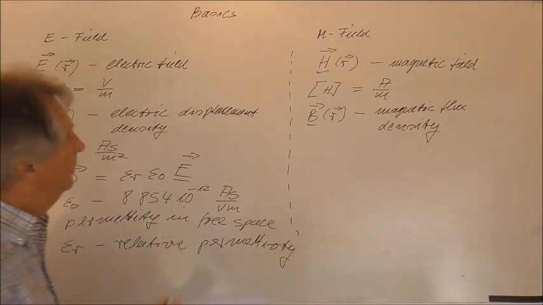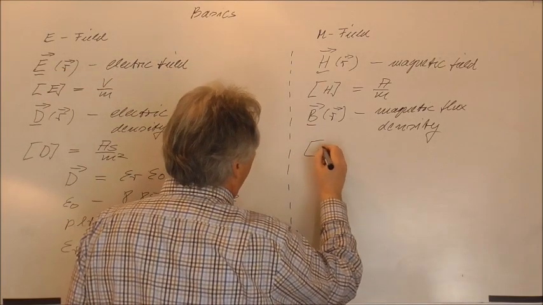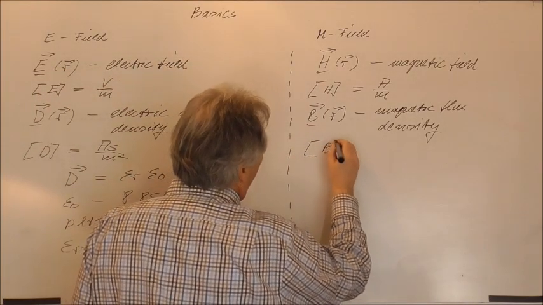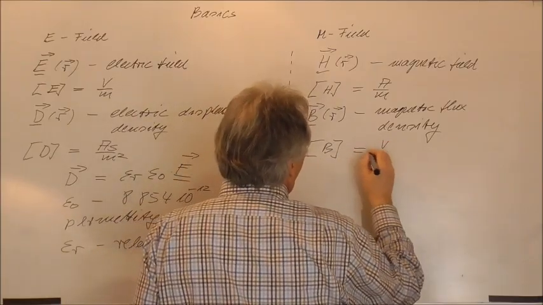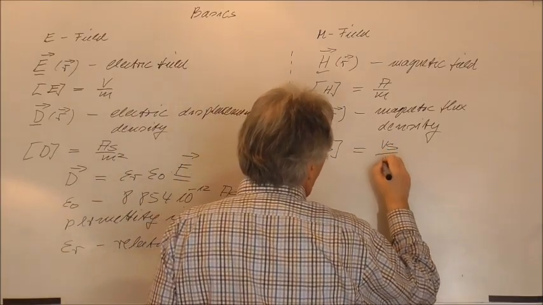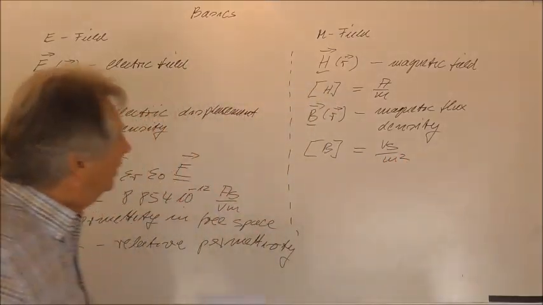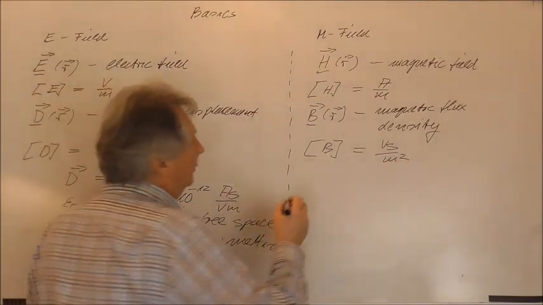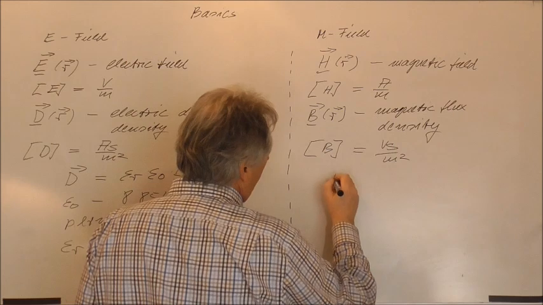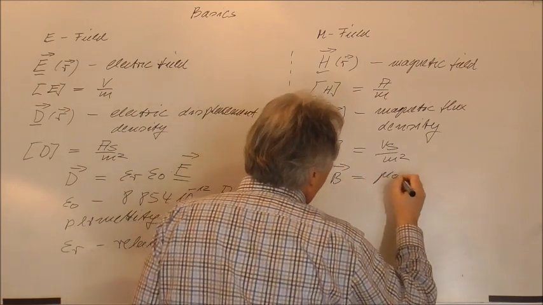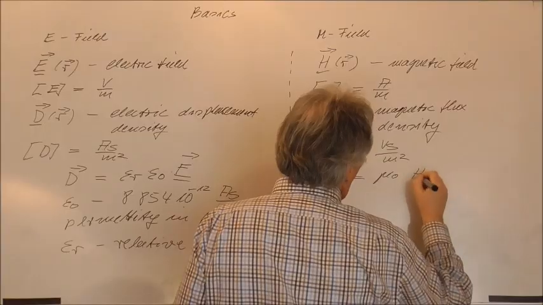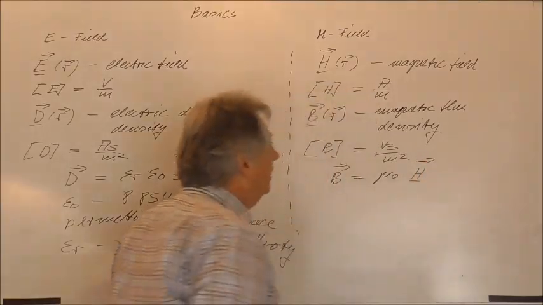The B field is measured in volt seconds per meter square, and the relation of the B field and the H field is given by B equals mu naught times the H field.